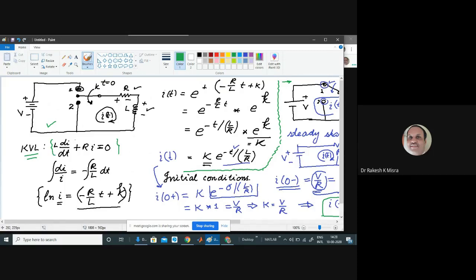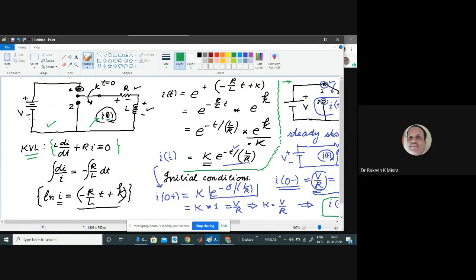We have some variables here. Time is the independent variable, and current is the dependent variable.